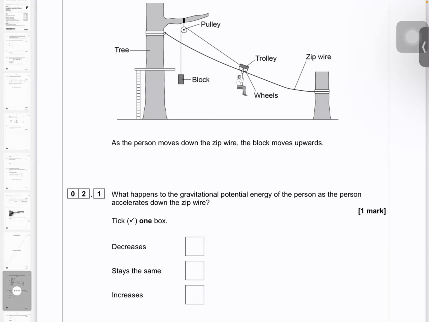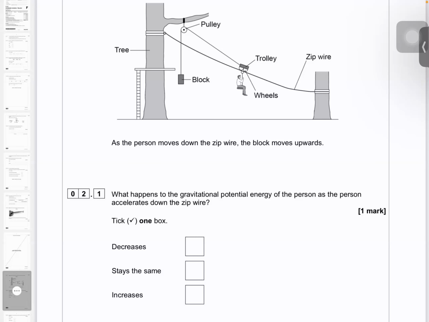The reason is simple: potential energy is given by mass times acceleration due to gravity times the height. So anything that will reduce the height will also reduce the potential energy.